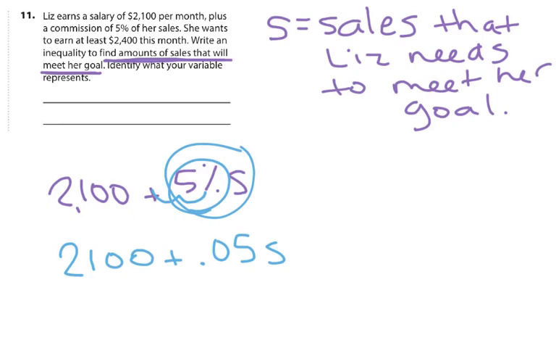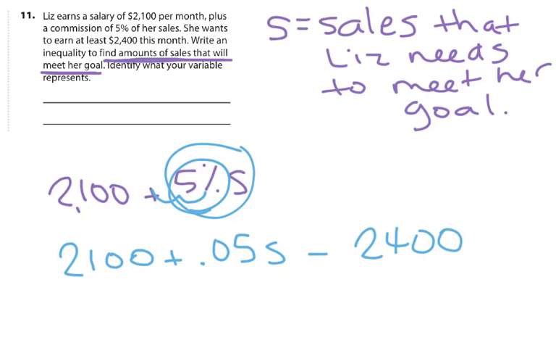We know that she wants to earn at least $2,400. And so, can she earn $2,400? Is she okay with that? Yes. So we have an equal sign here. That's part of the equal sign, okay? Does she want to earn $2,300? No. She wants to earn $2,400, $2,500, $2,600.